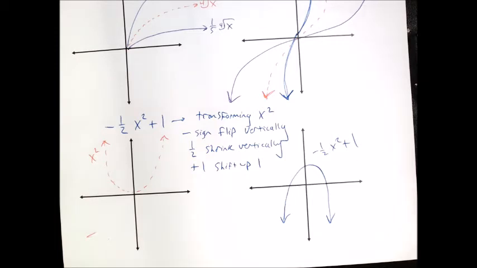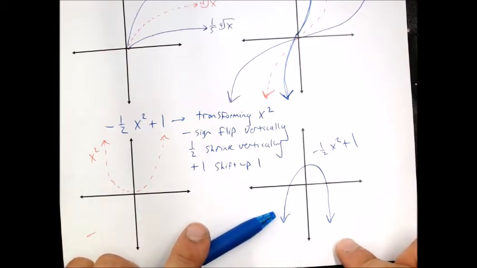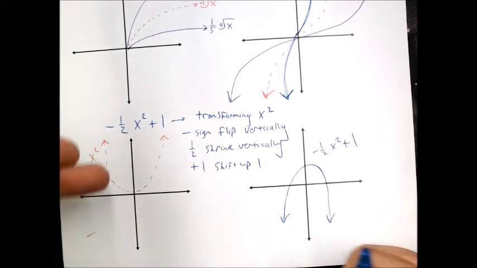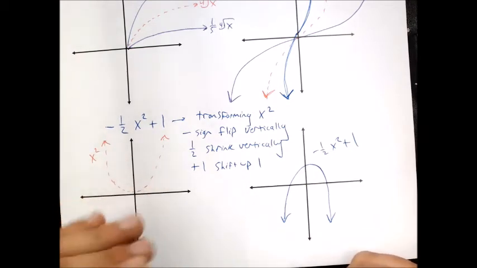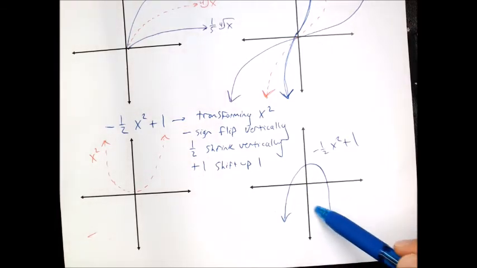It flipped upside down and moved up 1, and then it flipped over, then it shrunk by 1/2. But notice that I flipped it before I moved it. This is kind of what Disa was alluding to before. I thought about flipping it first, and then moved it up 1. If I moved it up 1 and then flipped it, the graph would be down here.